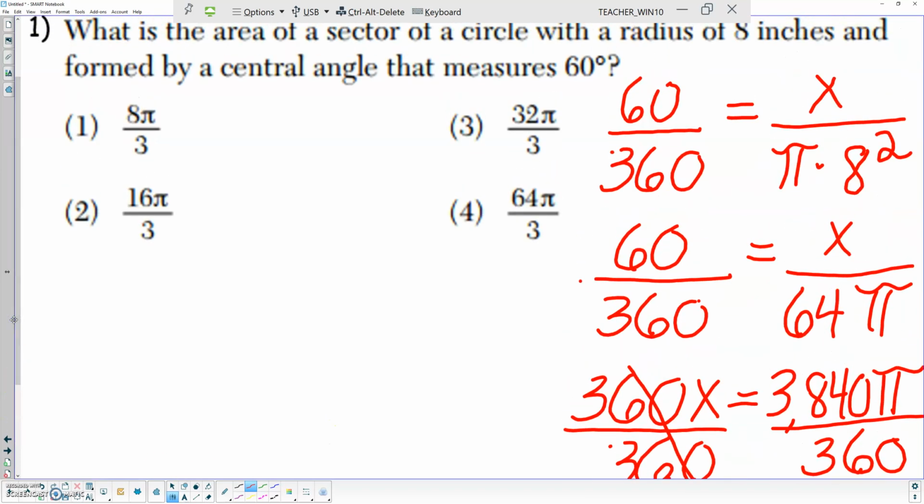So that is answer choice 3. Again, our proportion is the central angle always goes over 360 equals the area of the sector over area of the circle, which is pi r squared. Okay, let's try another one.